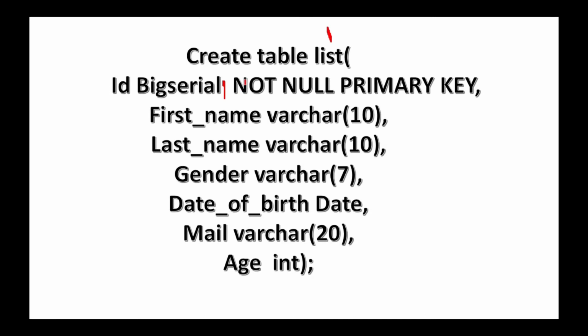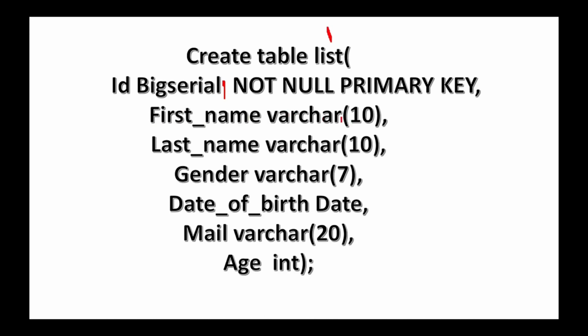Okay, the NOT NULL means that there's going to be a value here. Then we have the primary key. Then we have the first name, then VARCHAR.